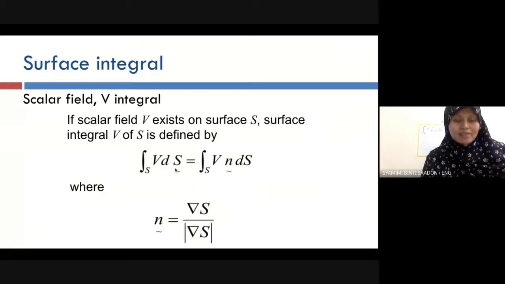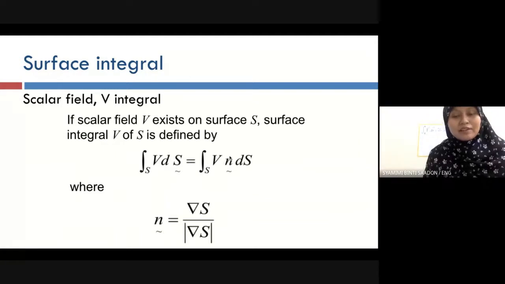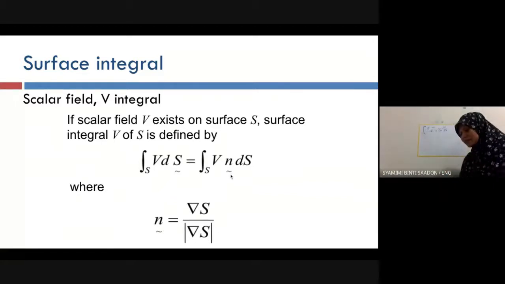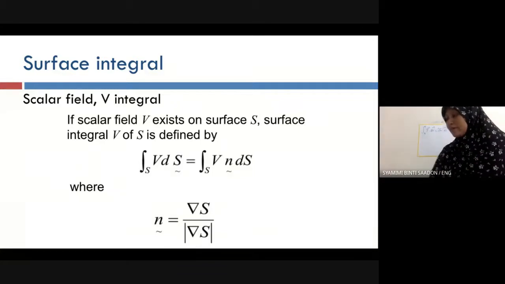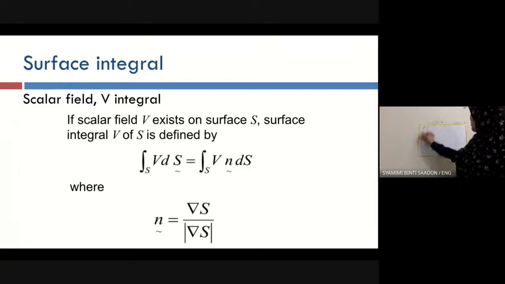So S, the surface area, is actually a function like dr just now. The dS must have a direction which is normal to the surface. This is very common in physics, electromagnetism.